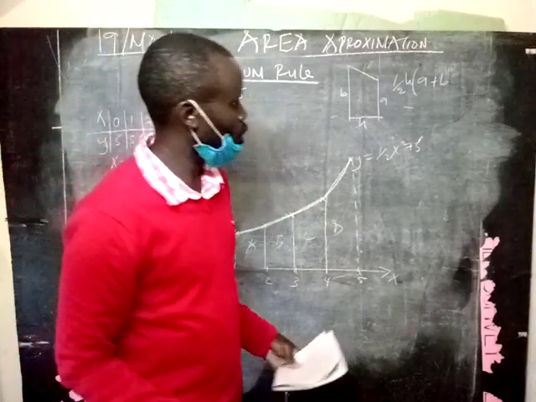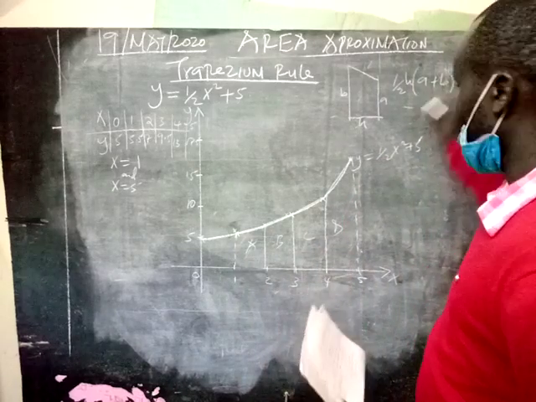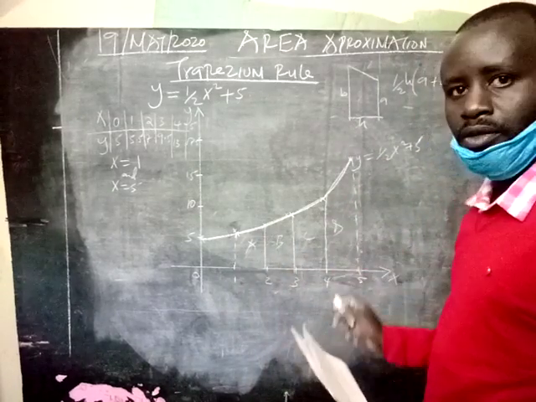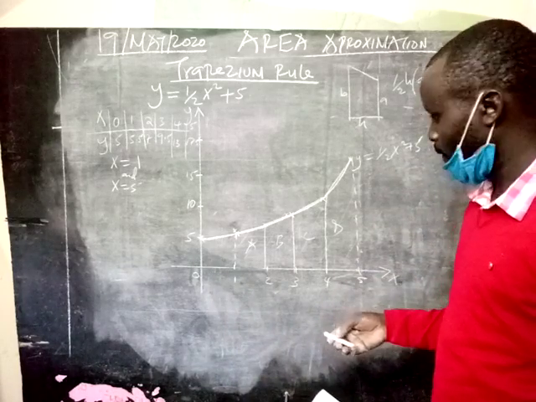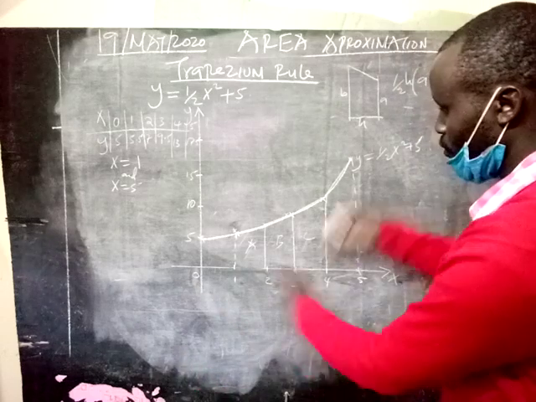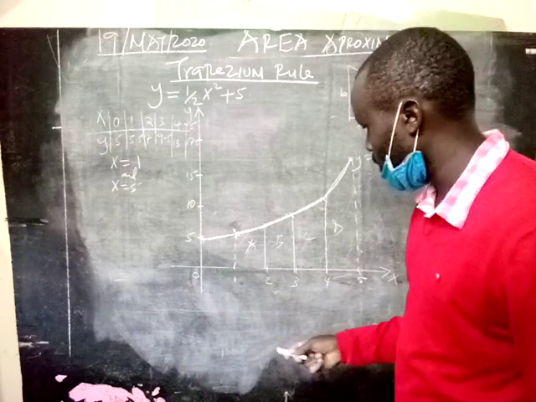When you now have this formula here, in each and every trapezium, we can combine all of them and have one formula for all this. But now I want to show you one thing.